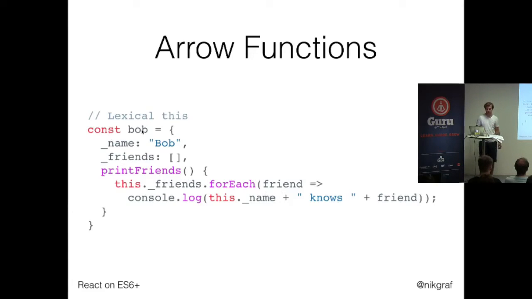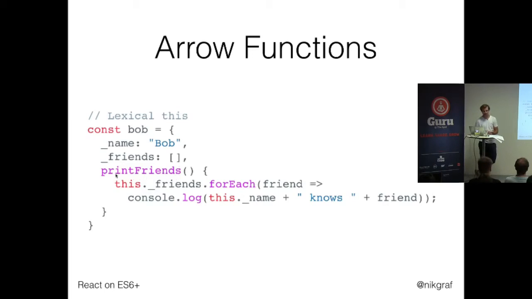So if I, for example, have this object Bob, the name of Bob is obviously Bob. Then you get a list of friends, which in this case is rather short, but I hope Bob gets more friends soon.